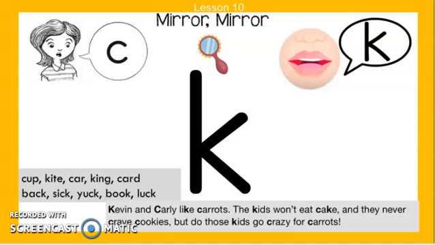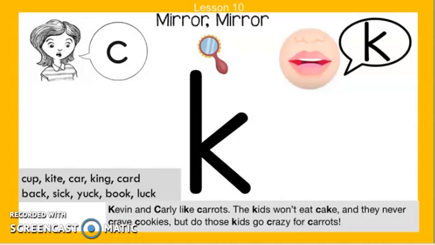Okay, so say this word. I'm going to say one word, and then you're going to repeat after me. Kevin and Carly like carrots. Say that with me all together. Kevin and Carly like carrots. The kids won't eat cake, and they never crave cookies.